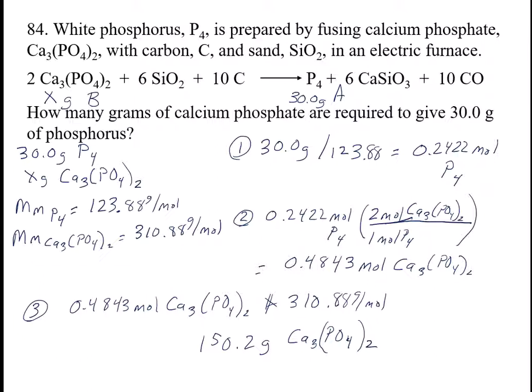Technically I would only need to have the 150 because typically my answer has 3 significant figures. This has 3 significant figures to start with. I just wrote down 4, but 150 is also perfectly acceptable. 200 is not acceptable. That's rounding too much. Okay? And so that is the end of this video.